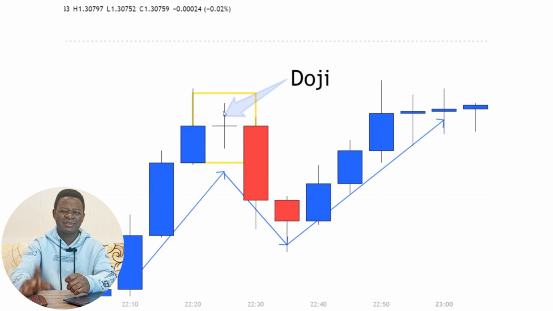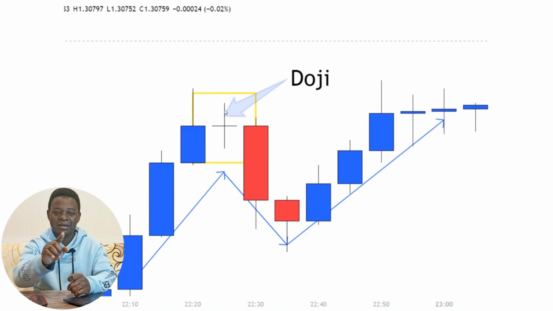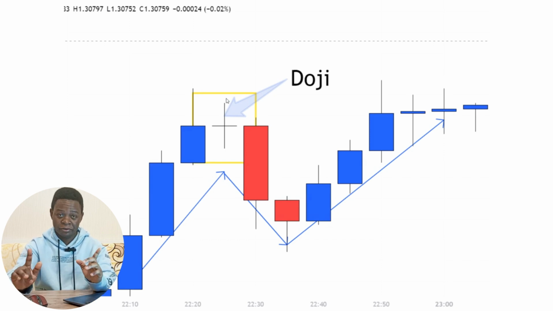And then the sellers are like, nah. We are not going any higher. We can't accept that price. It's too high. And it's not that they can't accept the price, but once the buyers push the price up here, the sellers looked at it and like, whoa, that is a very good price to sell. They started selling, and look at how far they pushed the price, all the way beyond the middle of this previous candle.